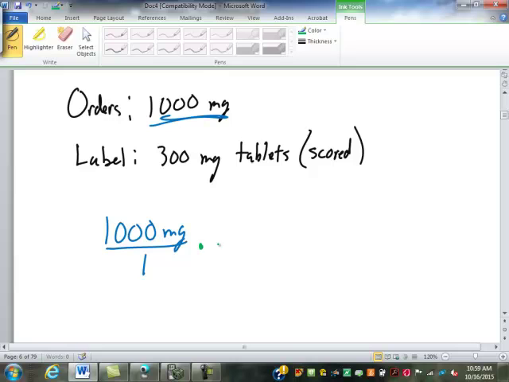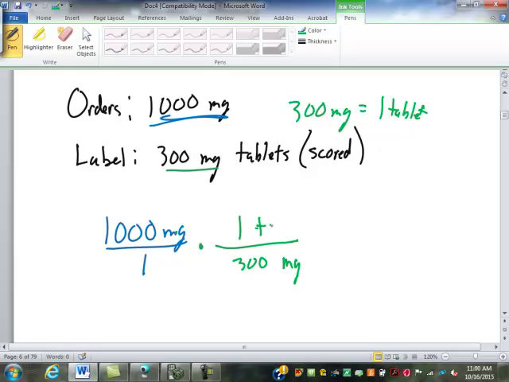In our conversion factor, we know that milligrams have to go on bottom because we're trying to cancel them out. Our relationship, 300 milligram tablets. That means 300 milligrams equals 1 tablet. So 300 milligrams, 1 tablet.